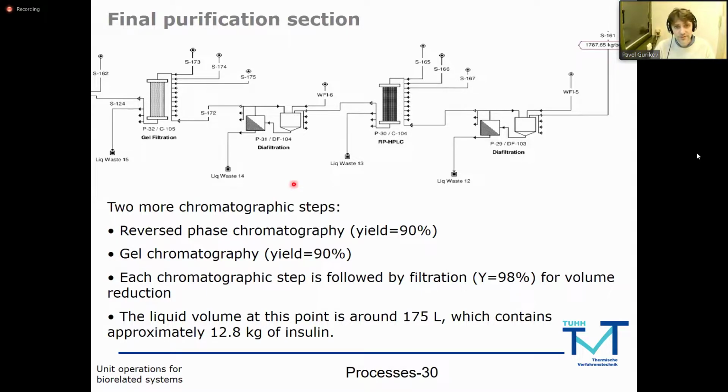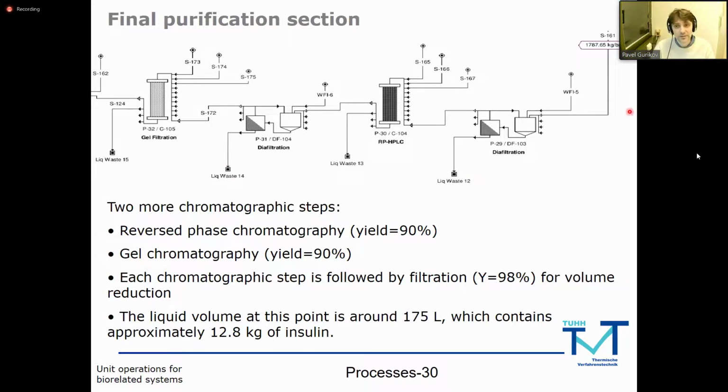The membrane, as we discussed many times, is only permeable to low molecular weight compounds. So all the protein or high molecular weight compounds above a specific cutoff remain in the solution, and water also goes away. So we are not only purifying, but also reducing the volume.